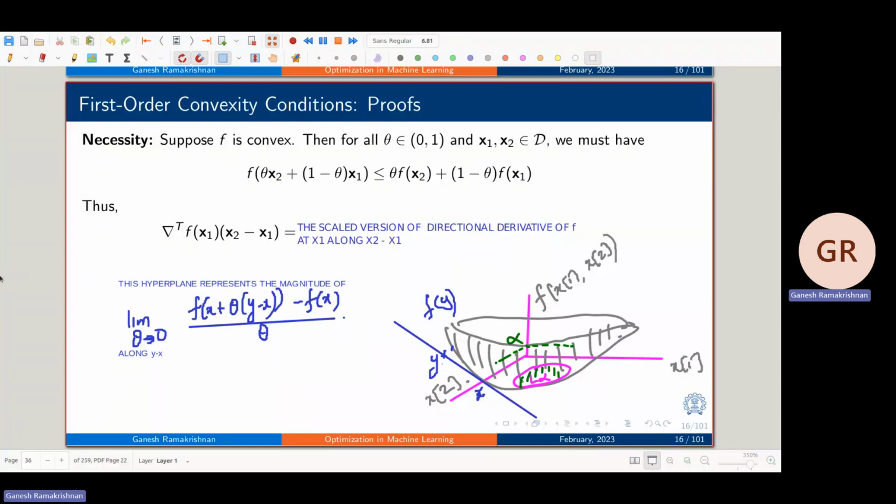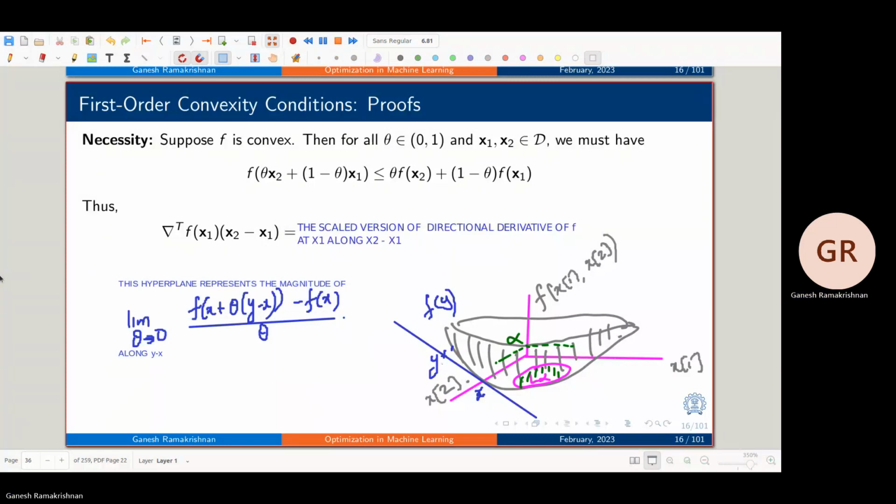What is f of x1 plus theta times x2 minus x1? It's the same as f of theta x2 plus 1 minus theta x1. They're the same, so I've just written it differently. This is the only trick. What else?